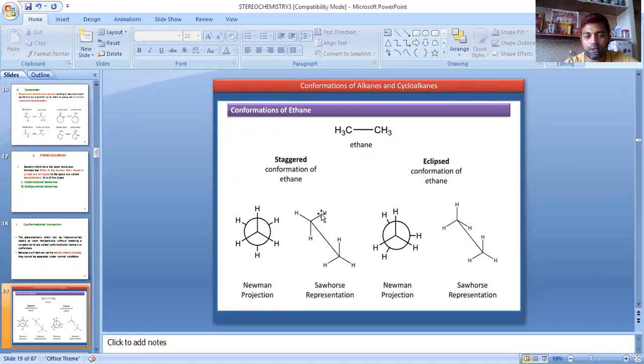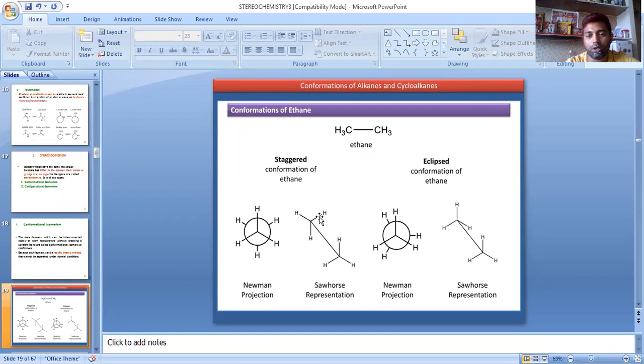You see this shape. It is Y-shaped. And the front carbon is inverted Y-shaped. When the back carbon is Y-shaped and the front carbon is inverted Y, it is the staggered conformation.